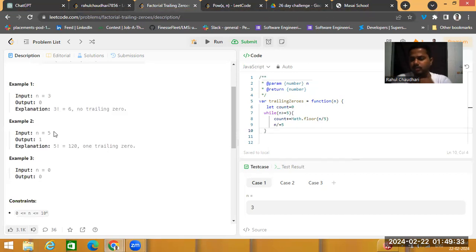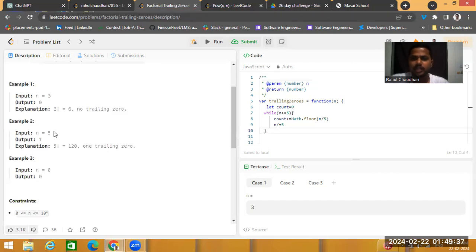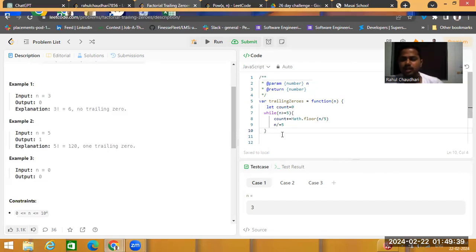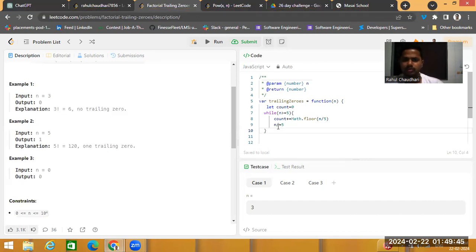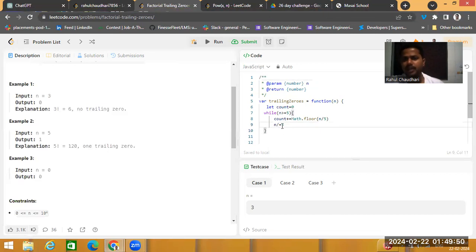Another part is we are converting n and dividing n by 5 and storing it in n, meaning replacing n with n divided by 5, right?